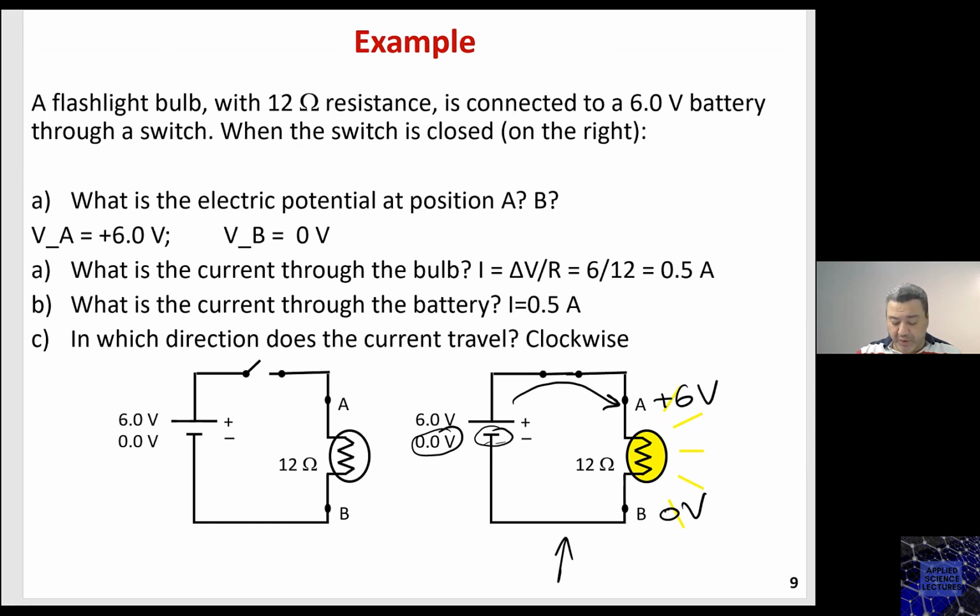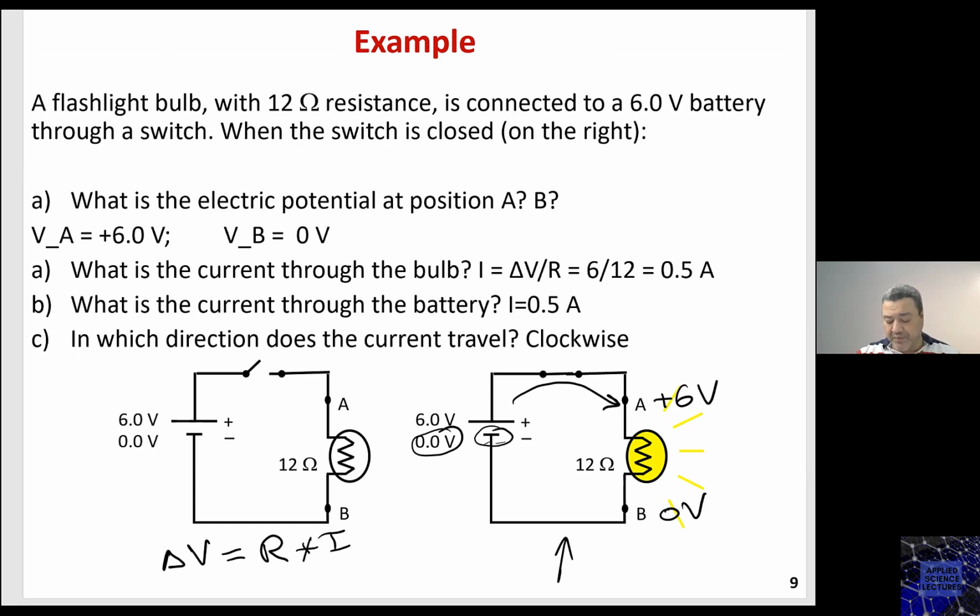The current through the bulb is as simple as using Ohm's law that you've used in high school before. In Ohm's law, the potential difference across a resistor equals the value of the resistance times the current going into this resistance. So let's look at our light bulb here.